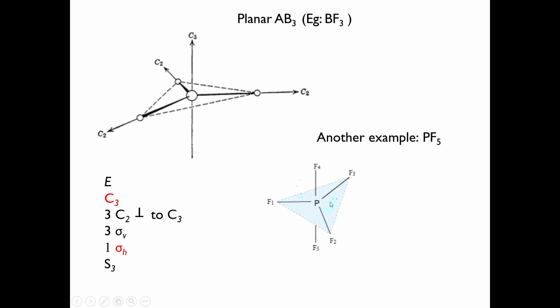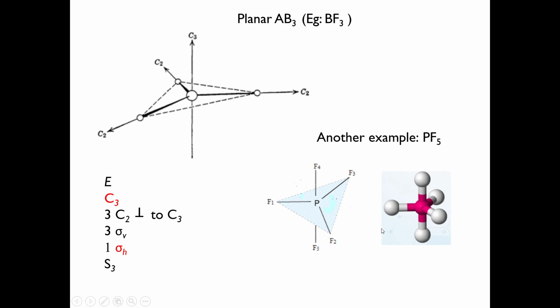We also have the C2s. Here it is marked in the above picture. The C2s are at the corners of the triangle. C2s pass through the phosphorus and any of the fluorine atoms, PF1, PF2 and PF3. There are three C2s, and along these C2s we can also keep vertical planes.